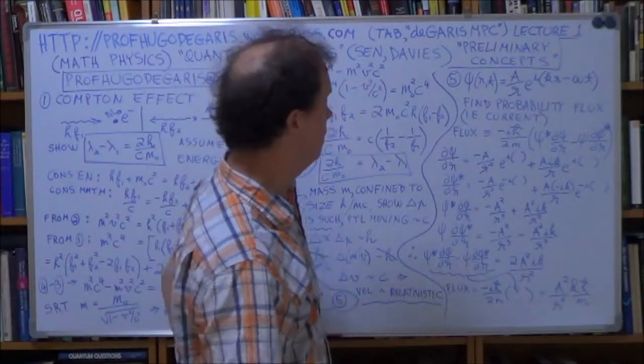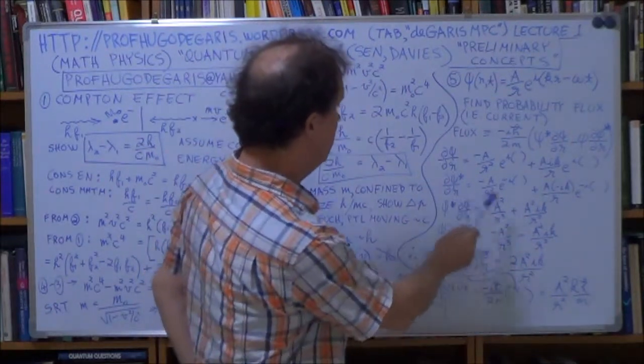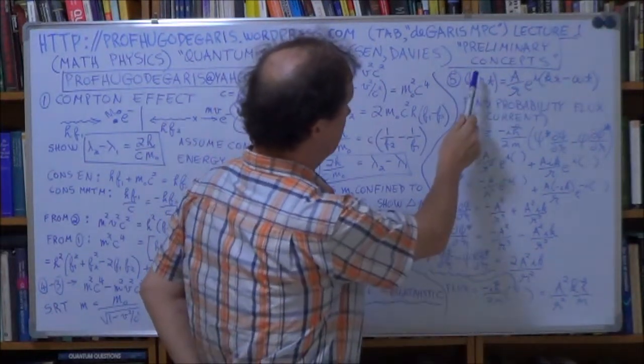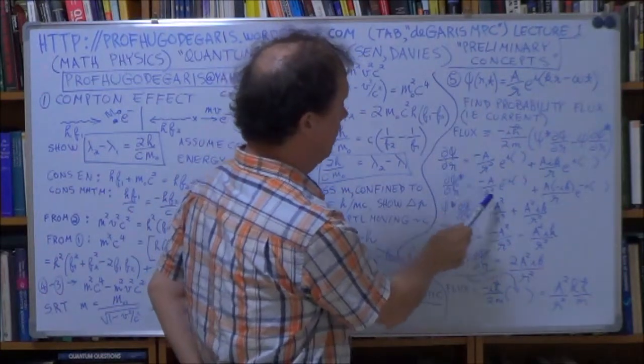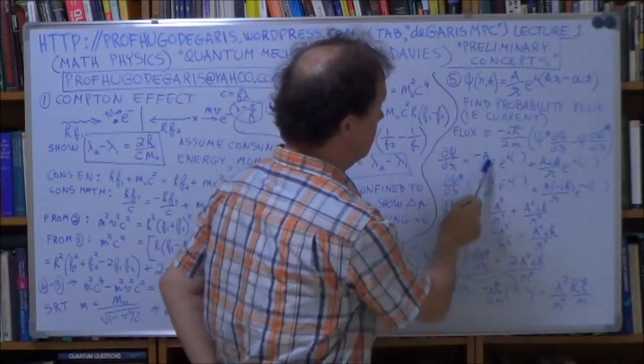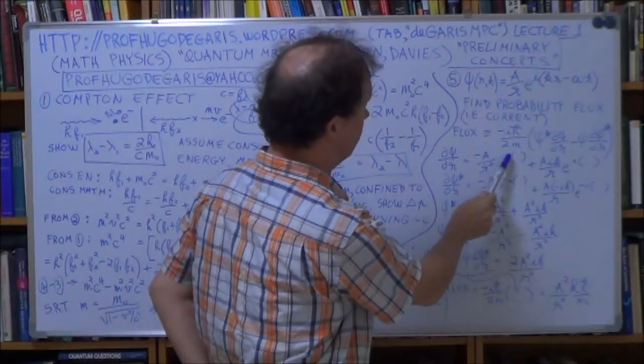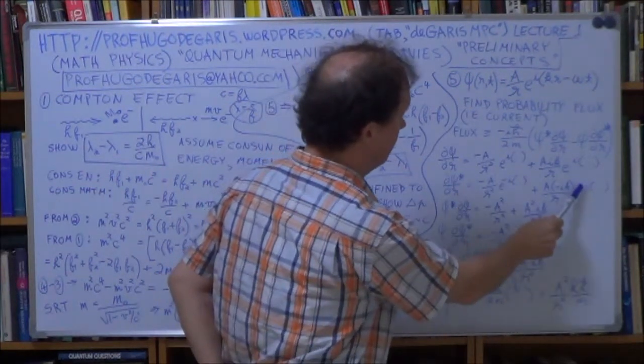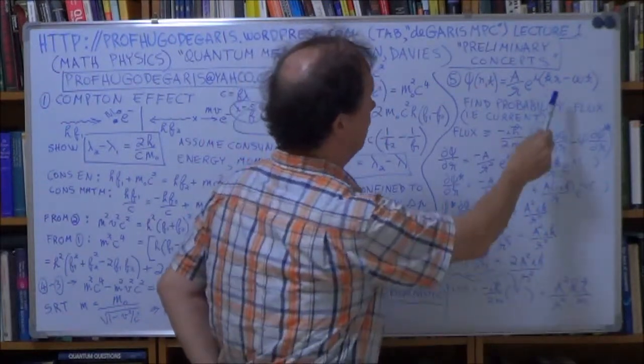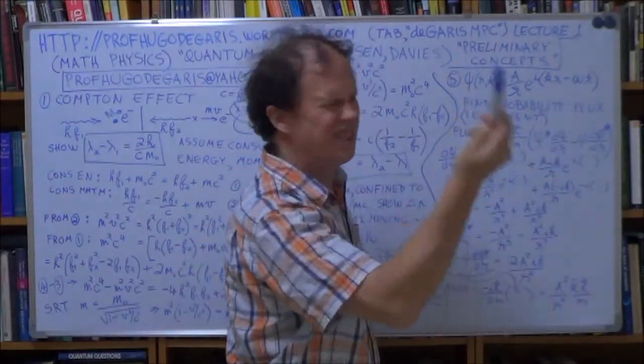Pretty trivial idea, right? So if you differentiate psi conjugated, you'll get these two terms, which are similar to here, but now you've got minus i instead of plus i. I didn't bother writing out all this stuff.